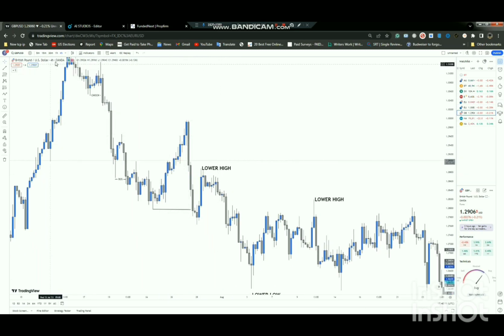But if it's on the 4 hour time frame, that means that inside here there was a change of character in a smaller time frame, either 15 minutes, 30 minutes or 5 minutes. So when the market retraces back here, you only look for sales. You look for a change of character here, and then you enter a sell targeting the last low. That's what we do here.